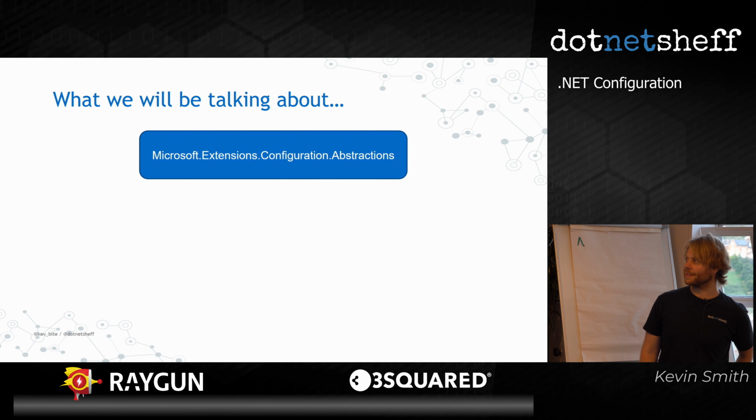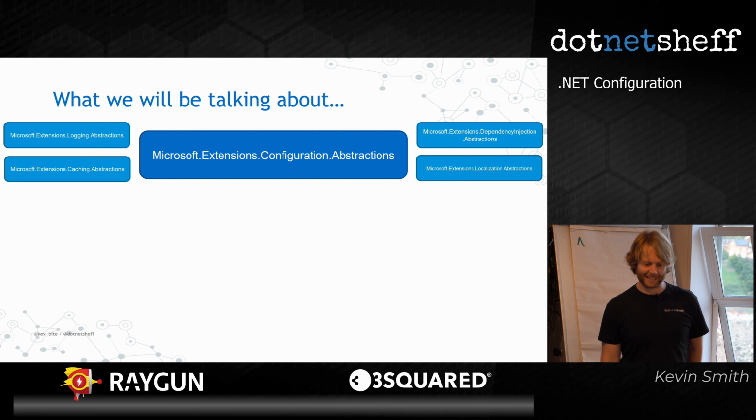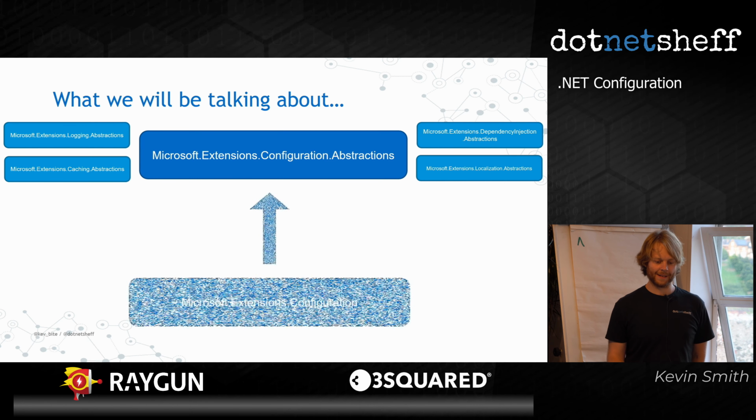But what we are going to talk about is the Microsoft.Extensions.Configuration.Abstractions. These are a bunch of abstractions, like the logging abstractions and things like that, that Microsoft provides in the new framework. They complement the logging abstractions, the caching abstractions, the dependency injection abstractions, and localization, and I think there's a few more now as well.